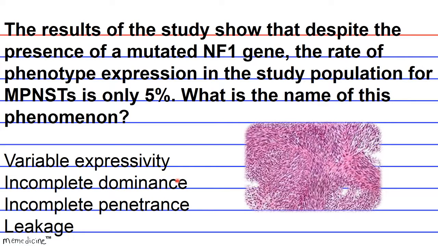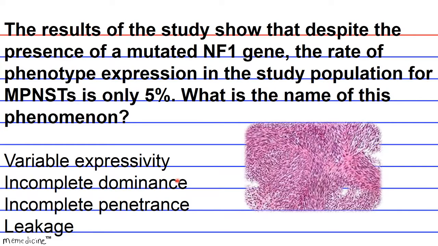Let's say the organism in question has an allele for a red flower petal color and one for white. So incomplete dominance is when both are expressed. So the combination of red and white would yield a pink flower, okay?